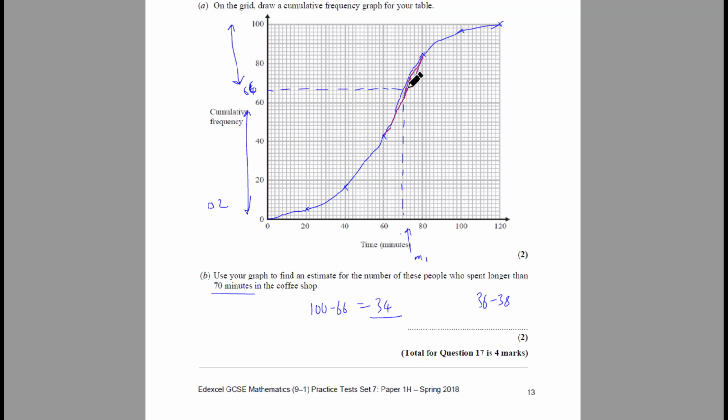It's not very good, but you can actually see it is probably closer to 100 minus 64, which does make 36. So an answer between that range will get you your 2 marks, and I hope you're happy with that.